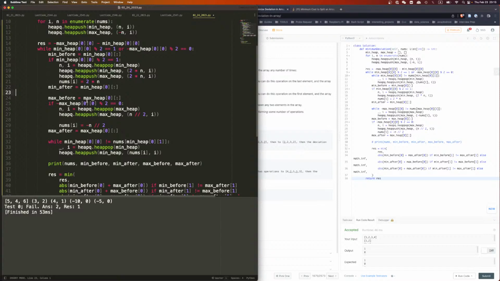And then max can change, right? Then min will change as well. Then we do a comparison. Then min and max both change. That's when we go to the next level.